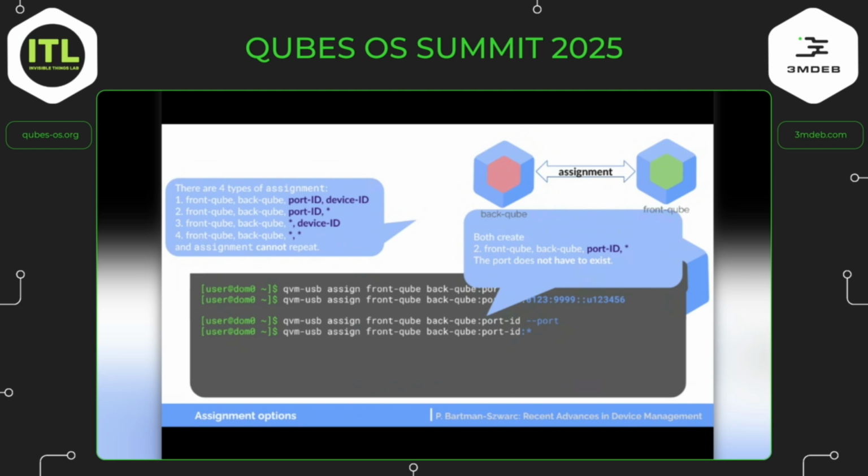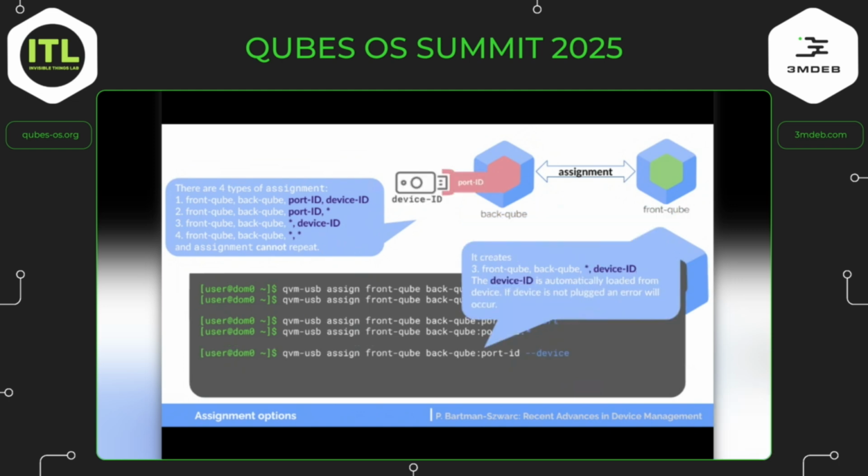In such cases, the port doesn't even have to exist. This is a use case, for example, for block devices, where the ports are dynamically created, like sda, sdb, sdc. So we can create some rules for that and not care if there are already attached devices or not.